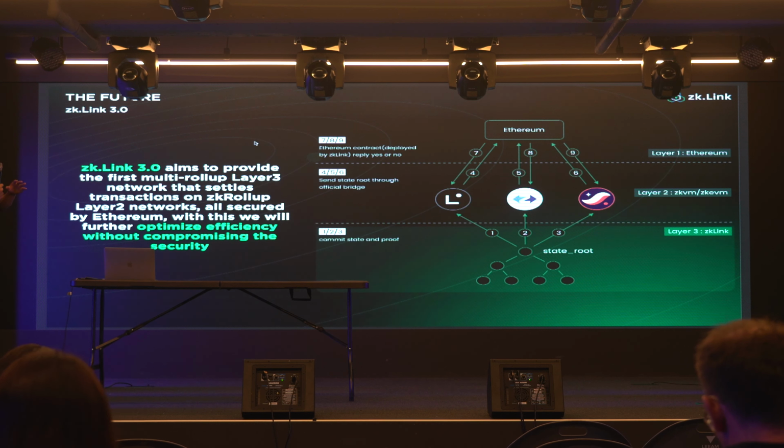This will make it possible to settle transactions directly on layer 2s, and then the layer 2s settle the transactions to Ethereum. This will further optimize efficiency and reduce the cost of settlement.